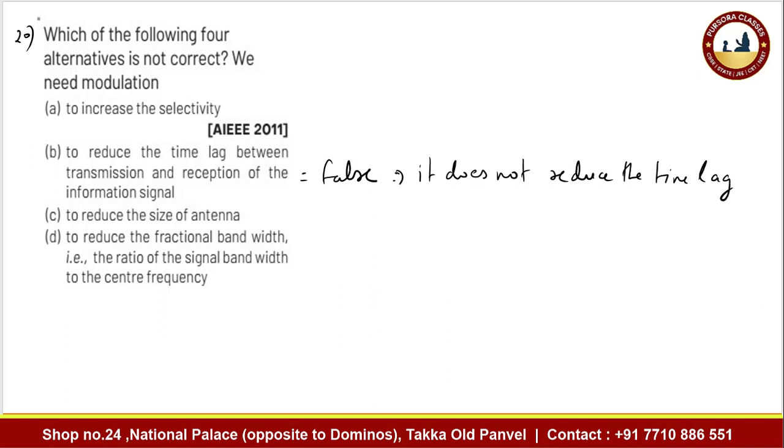To reduce the size of the antenna, that is correct. And to reduce the fractional bandwidth, that is the ratio of signal bandwidth to the center frequency, that is also correct. So out of this, the wrong answer is option B.